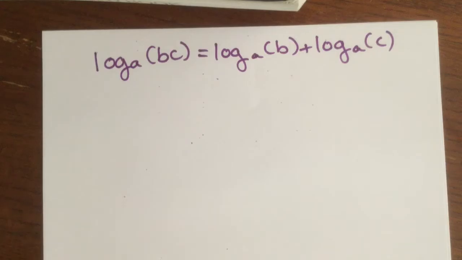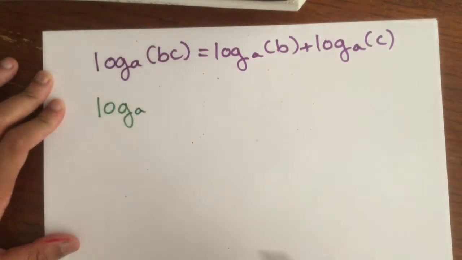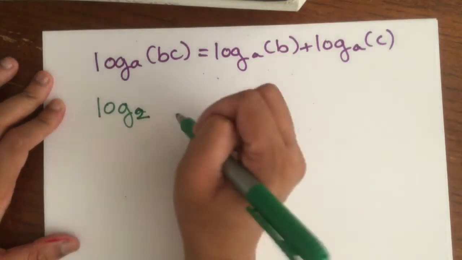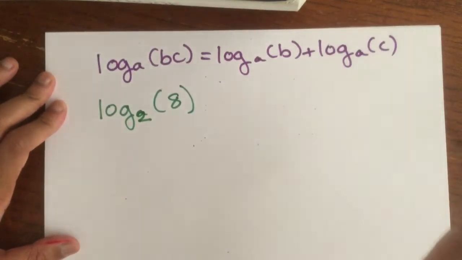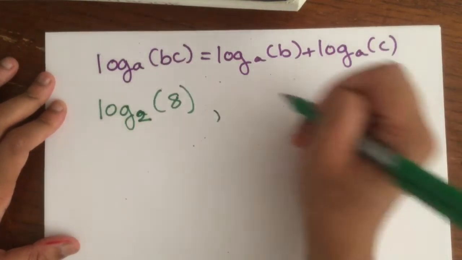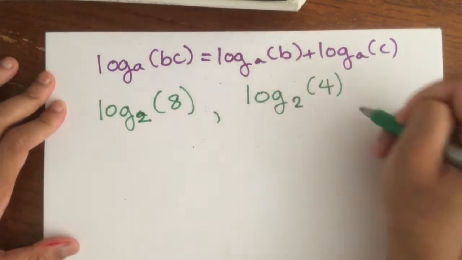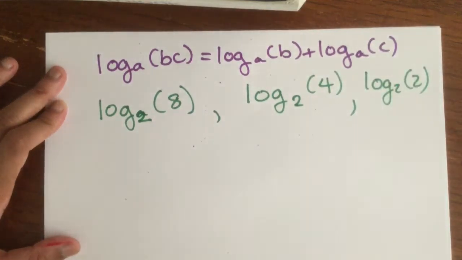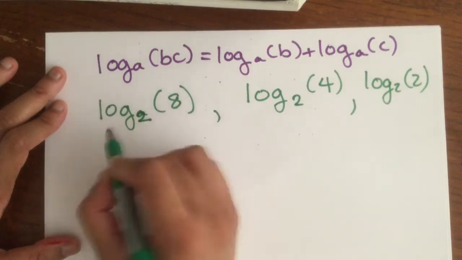What about log base A? Oh, we need a number. We'll call it 2. Log base 2 of 8. And we'll think about log base 2 of 4 and log base 2 of 2. So this one asks, what do we raise 2 to get 8?